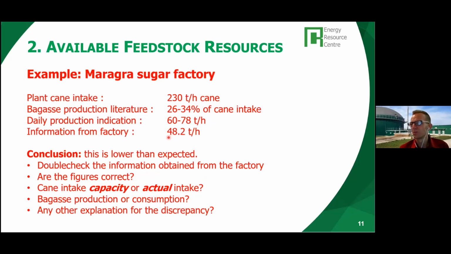So possibly this amount of bagasse is the actual production, whereas the cane intake might be the intake capacity, meaning that the actual intake is lower, then you get towards a percentage of bagasse on cane that's more in line with what you find in other sugar plants.